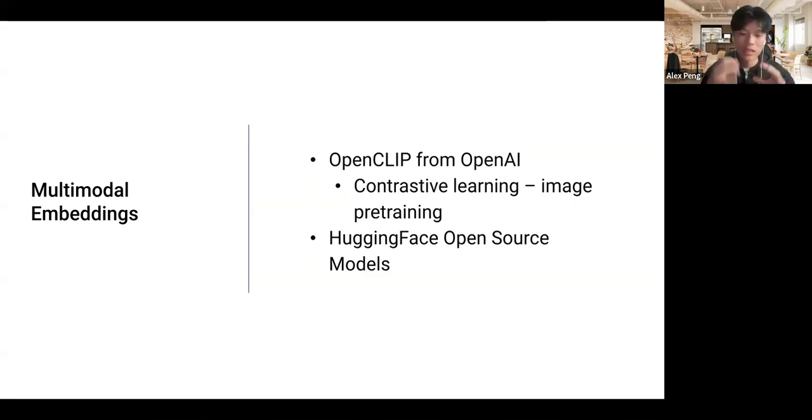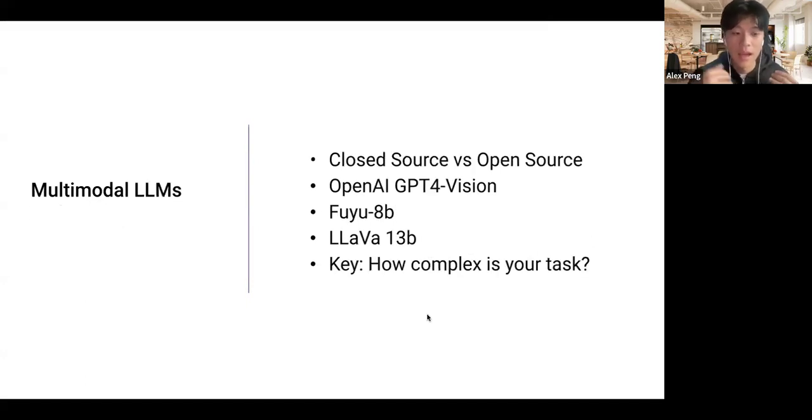But we actually need a multimodal-specific embedding model so that an LLM is able to search over a wide variety of data, not just text, for example, which is what LLMs have mainly been focused on over the last year and a half or so. And then once we do have multimodal data, obviously, multimodal LLMs are required to actually reason over that data once we've retrieved it from our contextual data store.